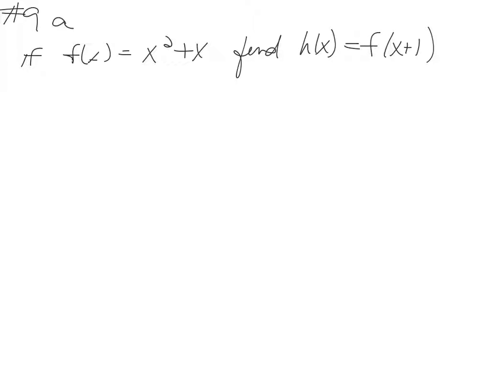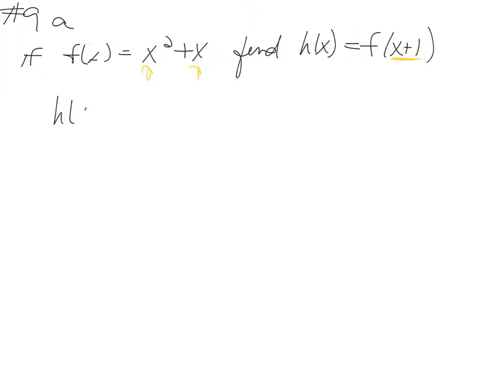So I have if f of x equals x squared plus x, find h of x equals f of x plus 1. This just means I need to substitute x plus 1 wherever I see an x. Okay?